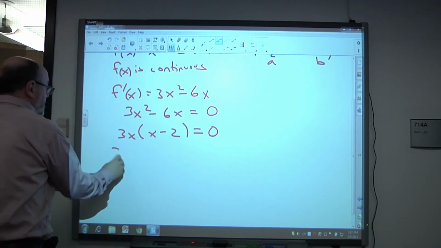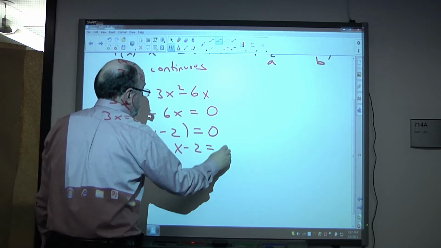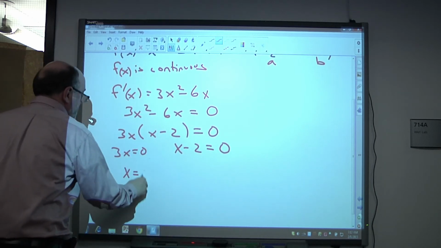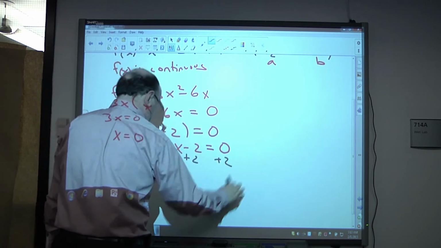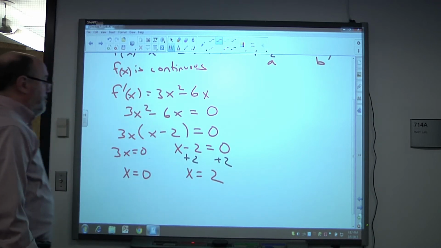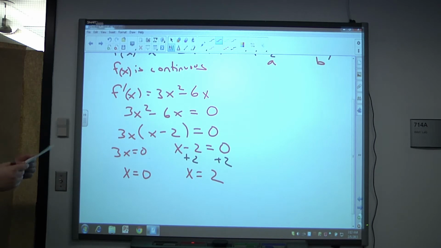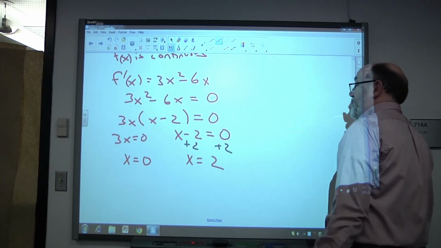Which means either 3x equals 0 or x minus 2 equals 0. So x equals 0, and then adding 2, x equals 2. So my critical values are 0 and 2. Those are the critical numbers.